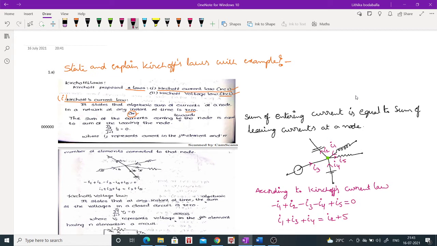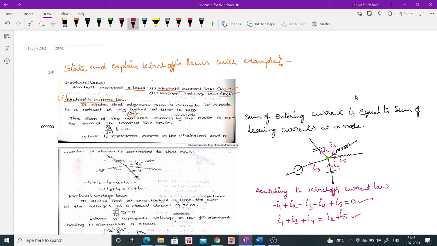So the first equation indicates the first definition, and the second equation represents the second definition.